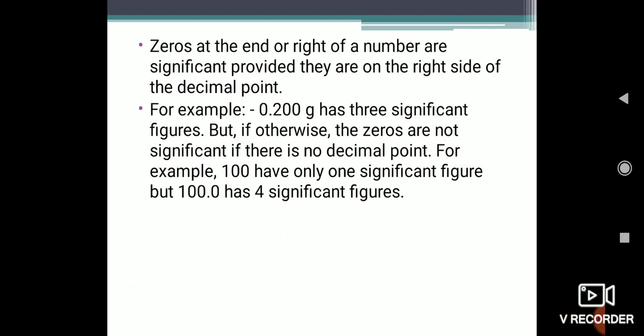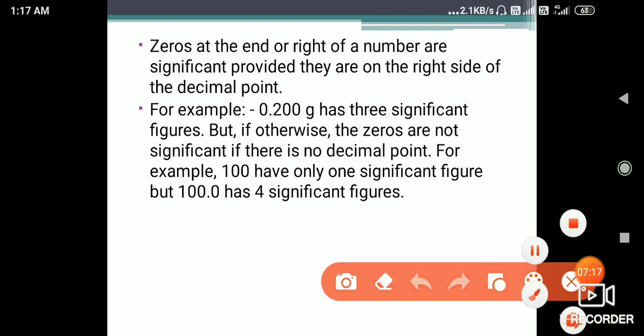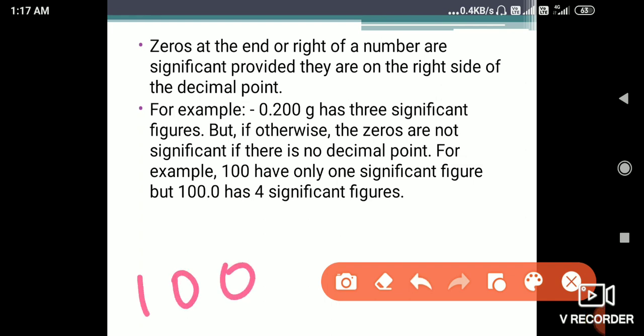The next rule is given: otherwise the zeros are not significant if there is no decimal point. For example, 100. Here there is no decimal point, and to the right side of the non-zero digit 1 there are two zeros. So if you count the significant figures, it will be only 1.